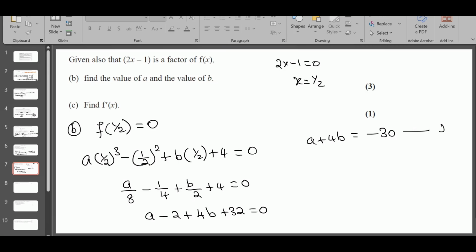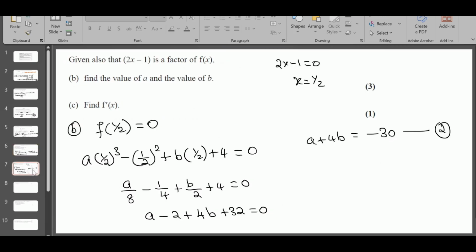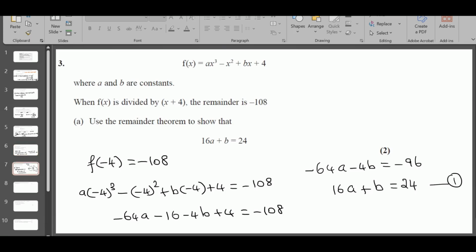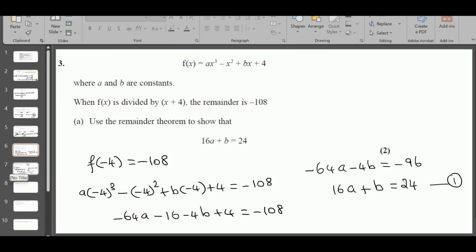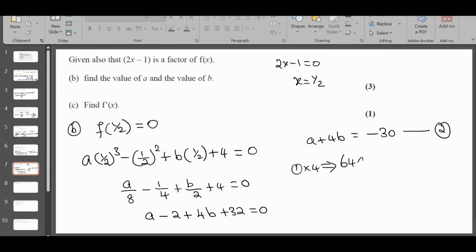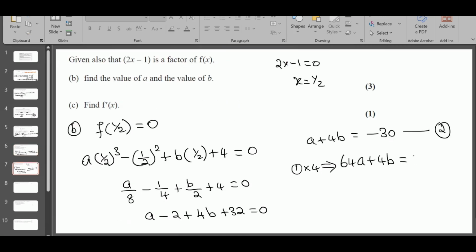That's equation 2. You take this as equation 1 and solve the simultaneous equations. Okay, I'm going to write equation 1 times 4 here. So it's going to be 16 times 4 is 64a plus 4b is equal to 24 times 4, 96.